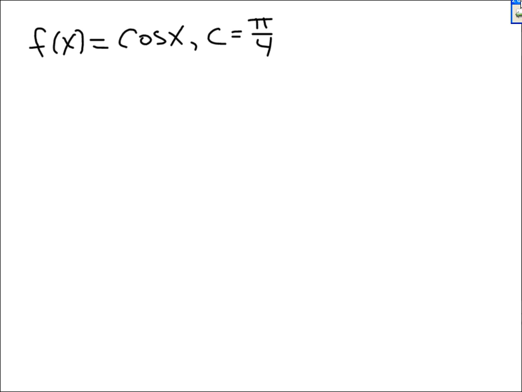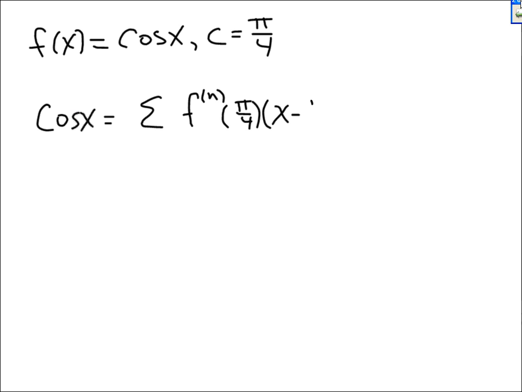Well, we know that f of x, cosine of x, is equal to the summation of the nth derivative at c, at pi over 4, times x take away pi over 4 to the n over n factorial. And n, if I didn't write it in the last problem, goes from 0 to infinity. The whole job is to find the nth derivative, eventually at pi over 4.